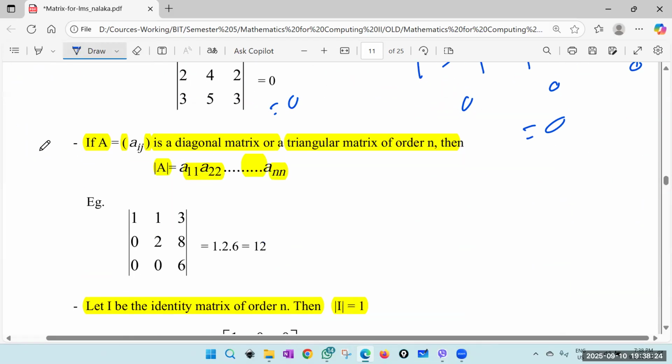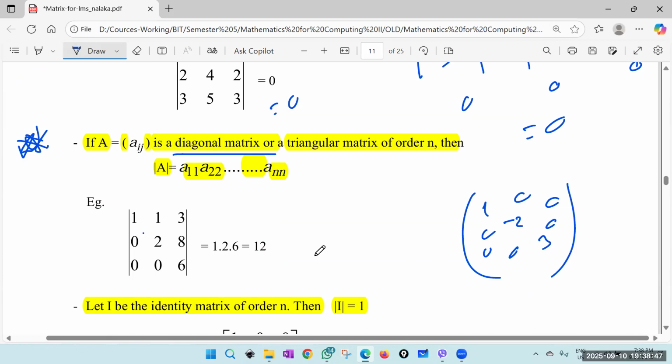Right, so the next property. If you have a diagonal matrix, remember a diagonal matrix means a matrix where all the non-diagonal elements are 0. Something like this, say 1, minus 2, 3 on the diagonal and 0 elsewhere.